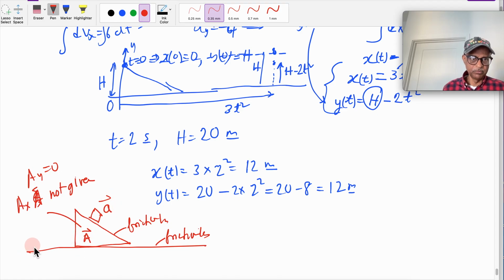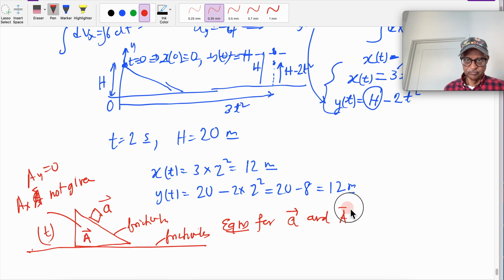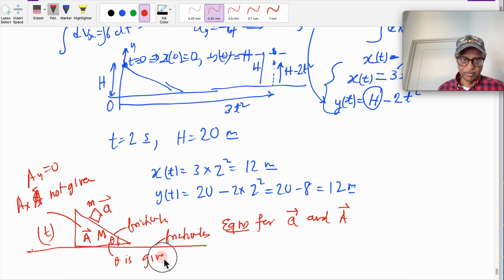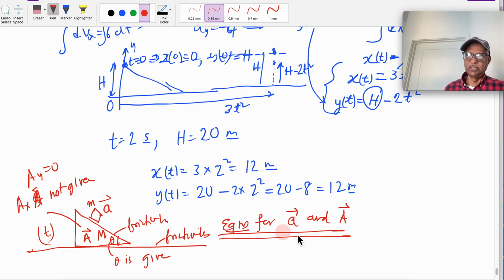You find both of them at some time t. So you find equations if this guy has a block of mass m and this block of mass, and angle theta. The only thing given is theta. Theta is given. So can you set it up so you can find equations of motion for both of these guys?